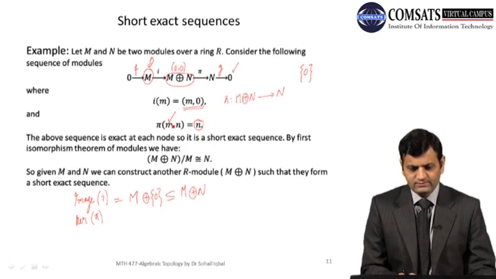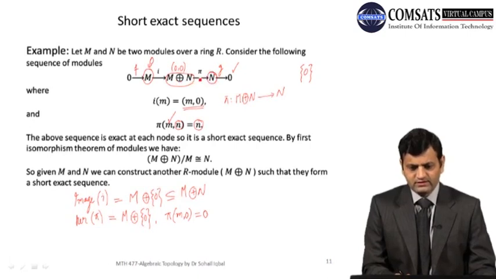I can take this m to be any element of capital M, and as long as the second coordinate is 0, I will always get 0. So the kernel of pi is equal to M plus 0, because the elements of M plus 0 are of the form (m, 0), and when we apply pi to this, I get the second coordinate, which is 0. So this sequence is exact at M plus N.